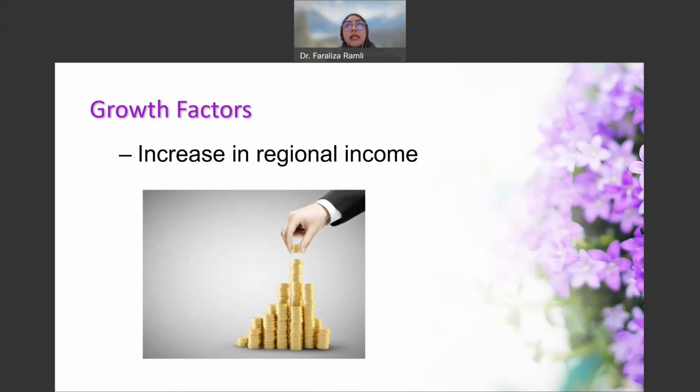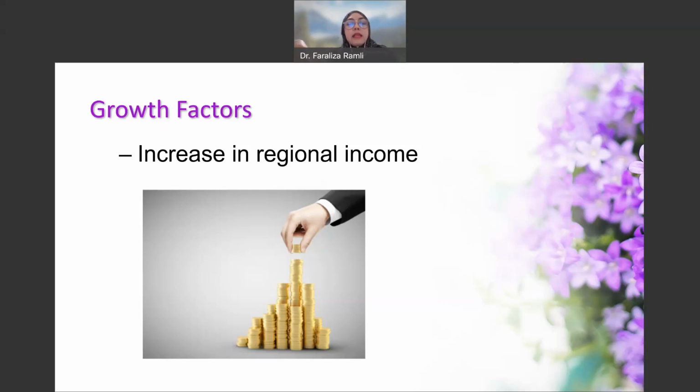For regional income, technological advance is one of the important things to focus on, especially during COVID-19. Growth accounting, of course for the financials, also contributes as a factor to a growing economy.